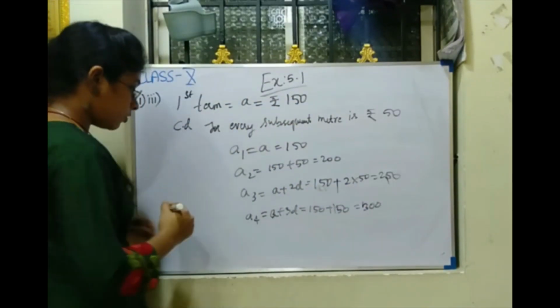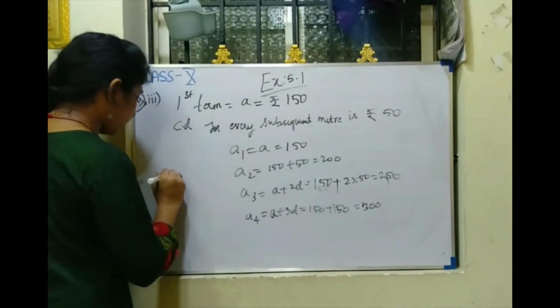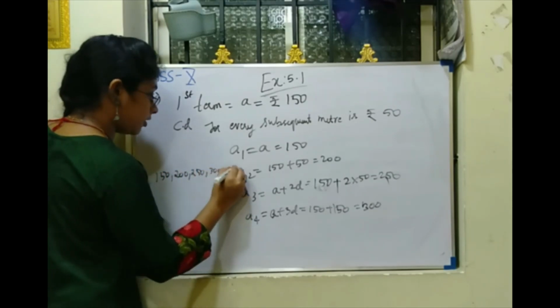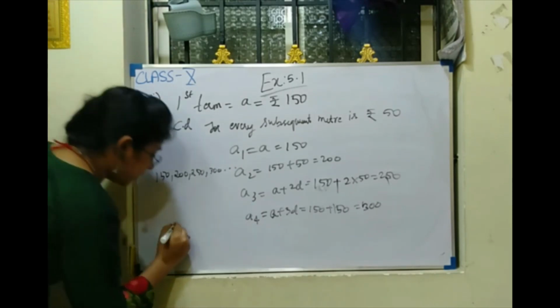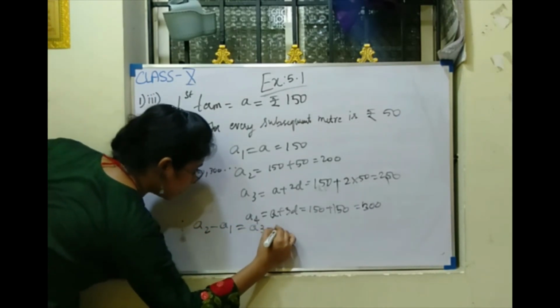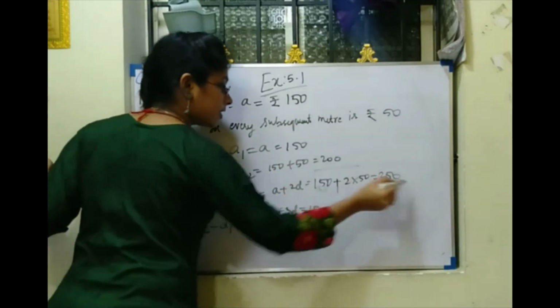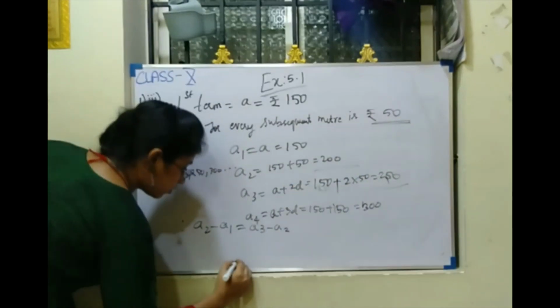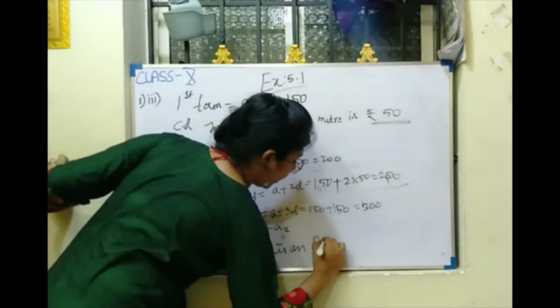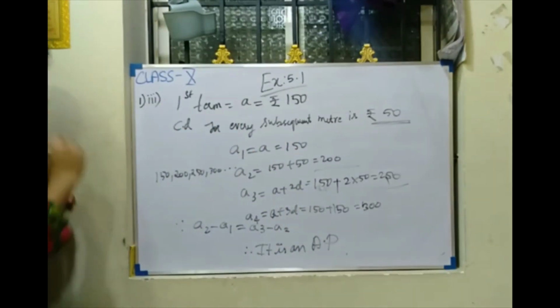These are the terms. So the sequence will be 150, 200, 250, 300, and it goes on like that. Since A2 minus A1 is equal to A3 minus A2, that is, the common differences are the same, therefore it is an AP.